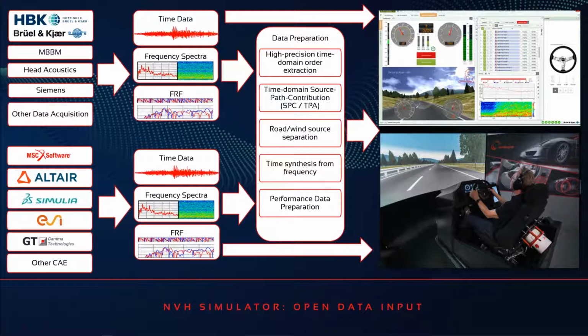During runtime, the data is not simply played back, but it is actually resynthesized in real time in response to driver inputs. This measurement data is decomposed using incredibly precise and fast time domain order extraction techniques to separate orders from masking. Data can be further processed to separate the masking noise into its component parts.